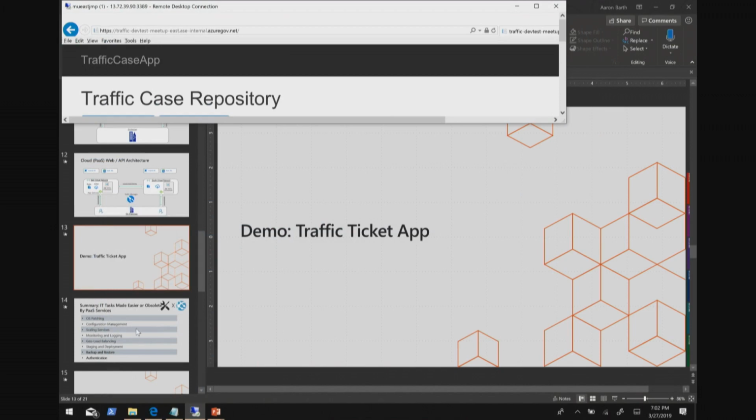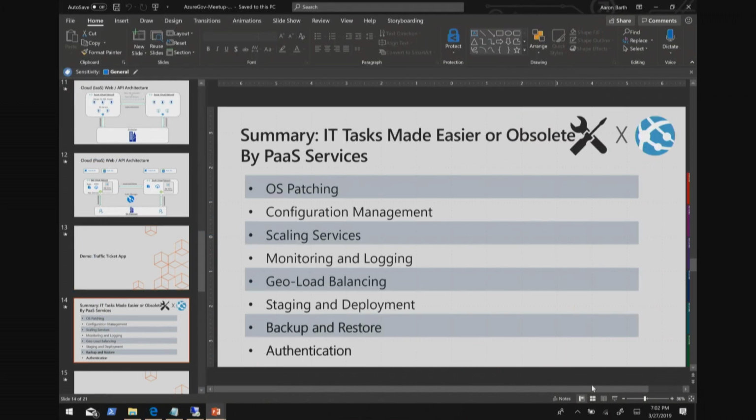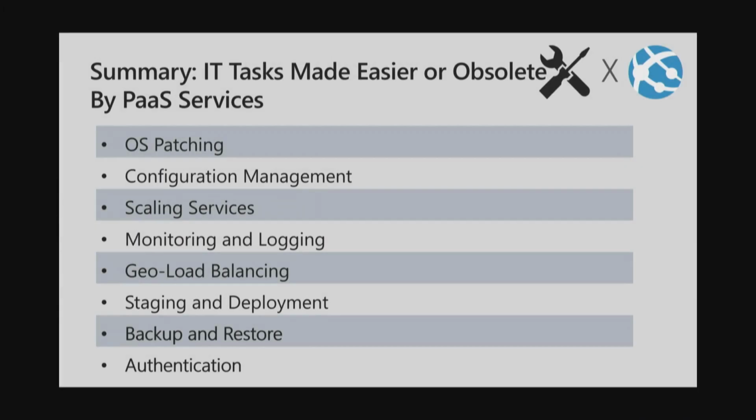So we're going to talk about a summary here on what IT tasks can be made easier through PaaS services. OS patching is non-existent because the services are deployed on your behalf by the Microsoft Data Center, in the Microsoft Data Center, and managed by the Microsoft Data Center. You deploy your config in your code, which is really powerful.